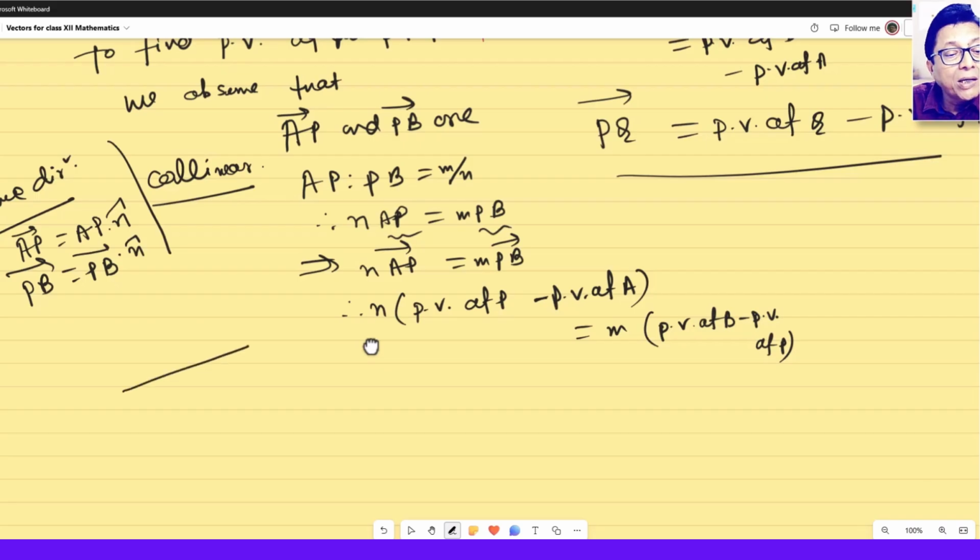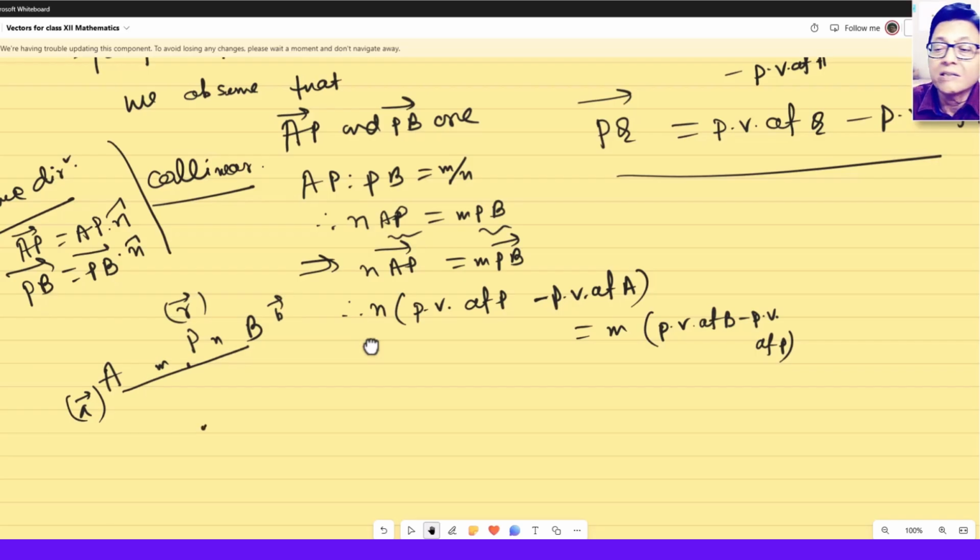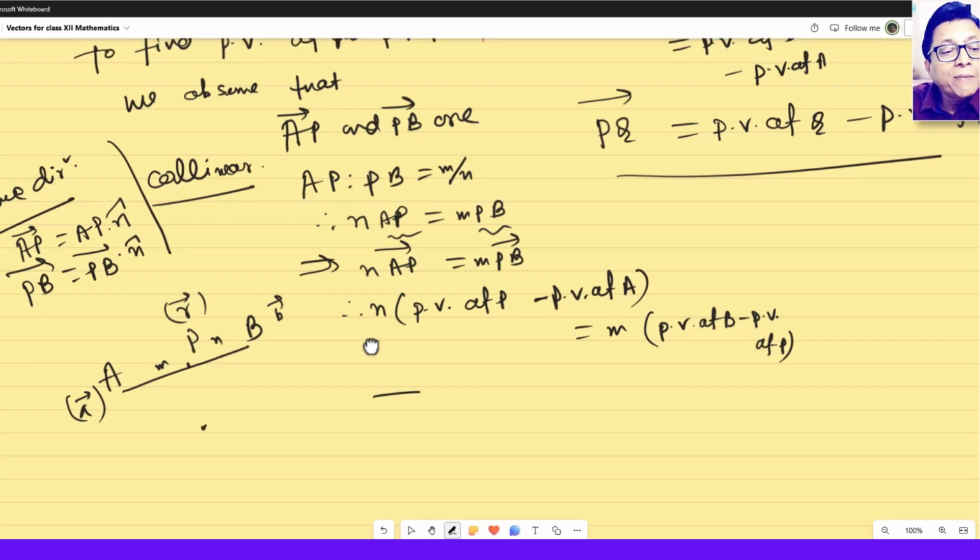See, this one A, B and P is here, taking the same diagram here. Then you have taken position vector of this point A, and this one is B. Origin is there. Now position vector of P is what?